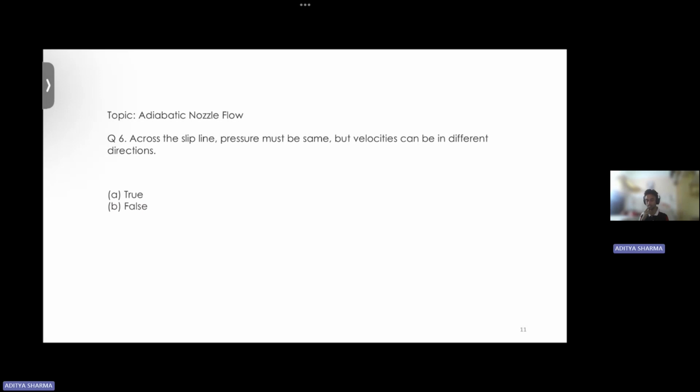So if we see the options, this is a false statement.